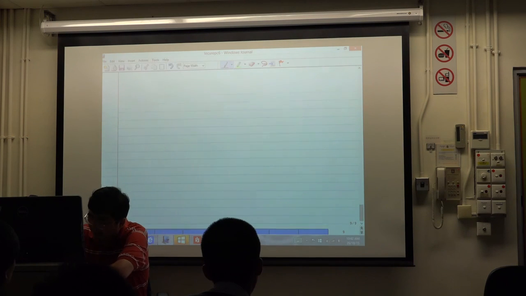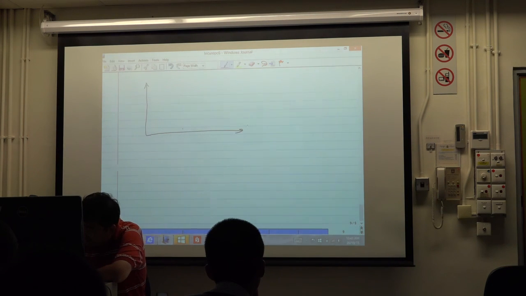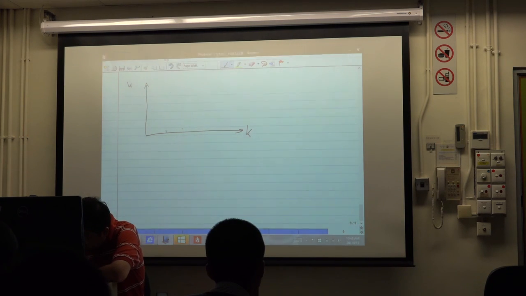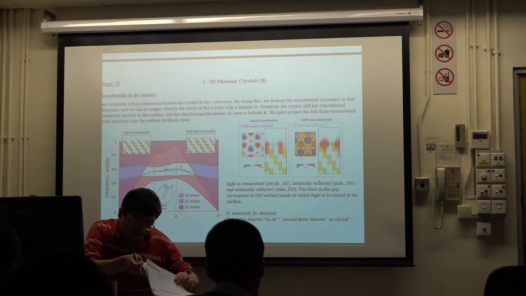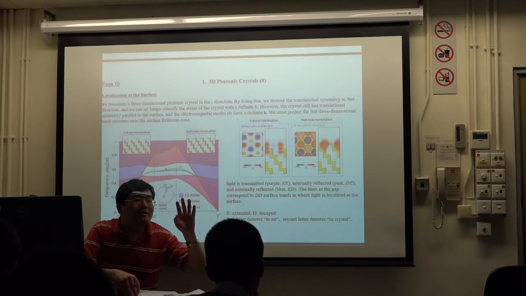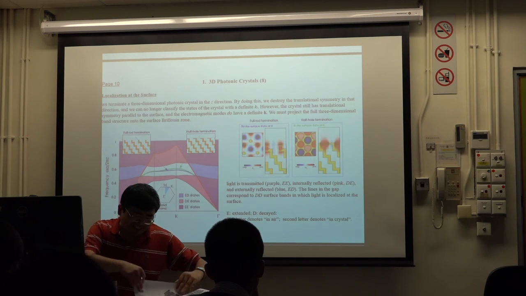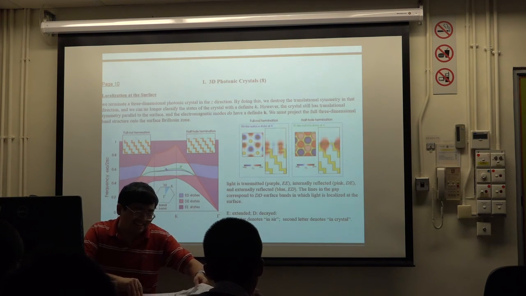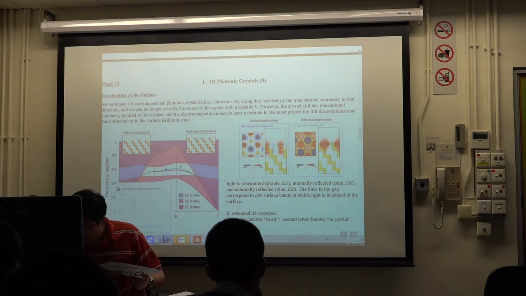This is omega, and this is k. I can't remember the name, let me see. You know, Gamma, M, K. The names cannot be changed with other letters; you must use these letters.